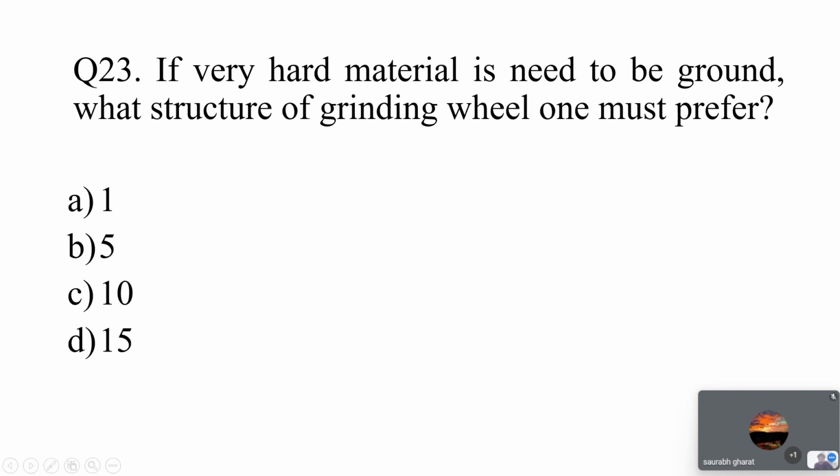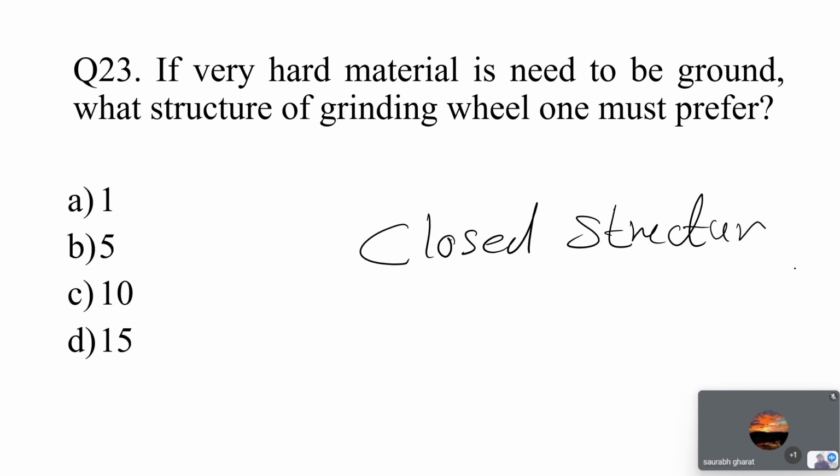If very hard material is to be ground, what structure of grinding wheel must one prefer? We have very hard material, so we need to go with what? Close structure. For what? For extra hardness.